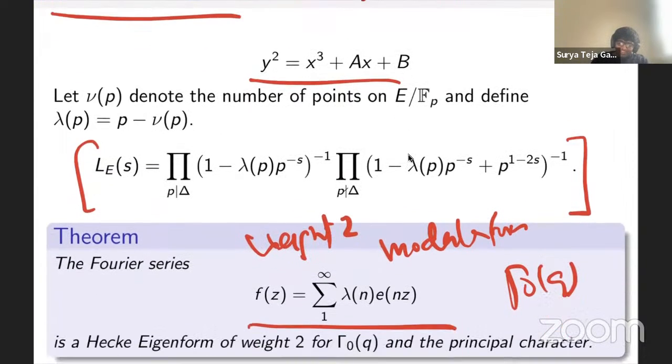Anyway, so this is the Taniyama-Shimura-Weil theorem. Weil's, sorry.